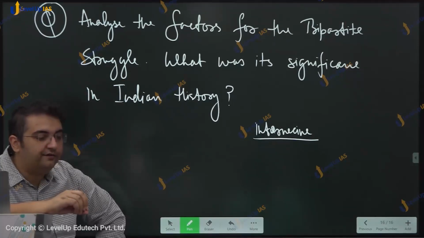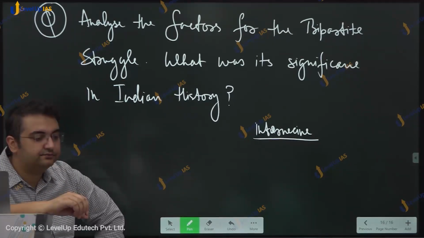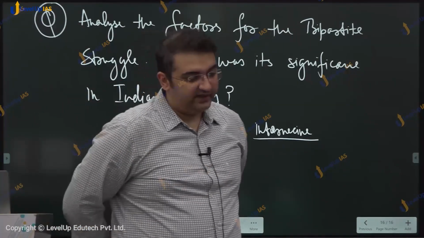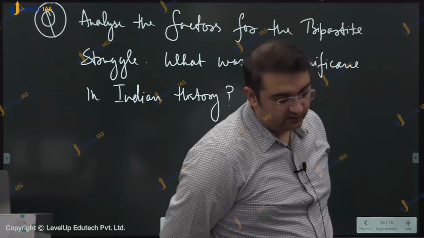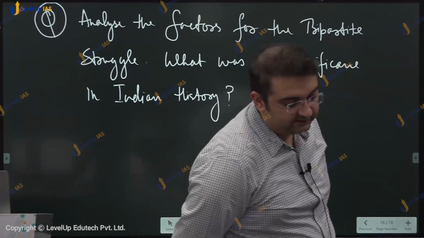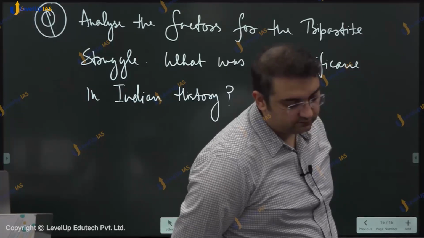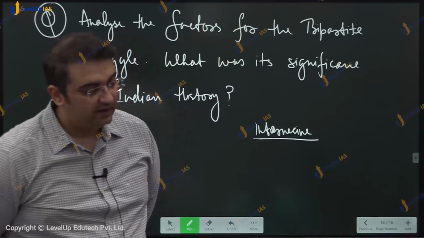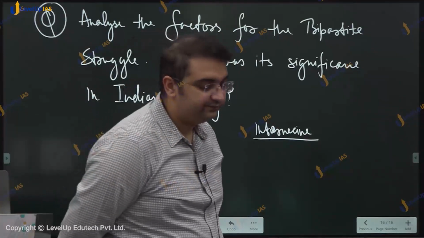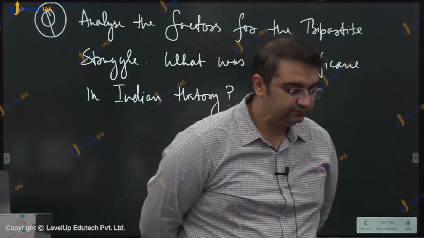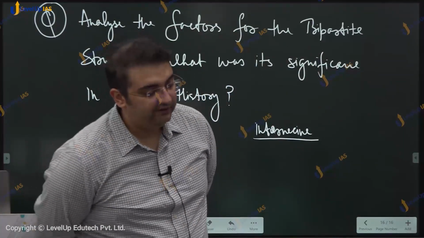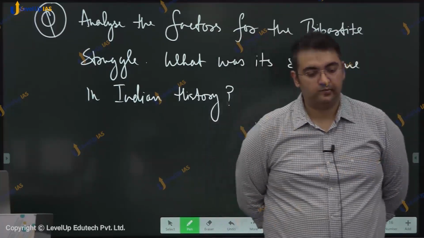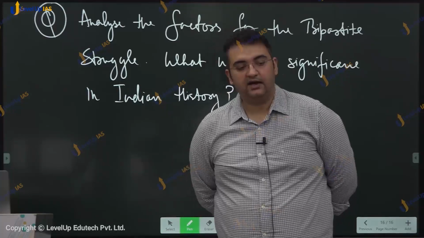They fought various wars against each other for almost 200 years between the 8th and 10th centuries for the following reasons. Number 1, Kannauj.